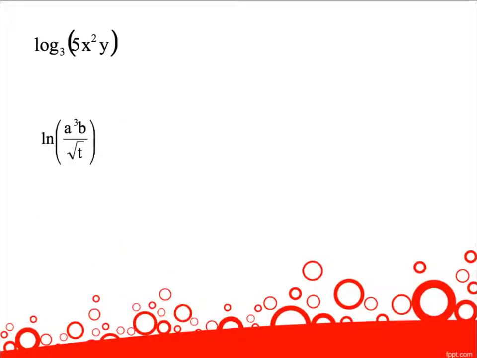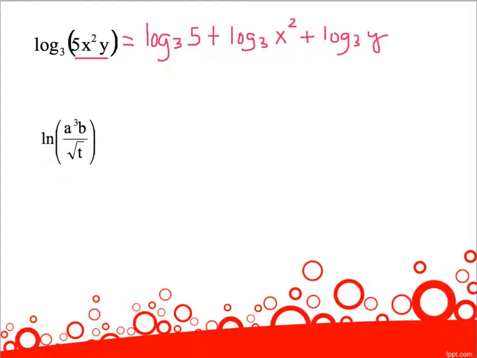Now let's look at a couple of examples where we might have more than one property being used at one time. Let's look at this first one. Notice that we still have all multiplication. So this expands out to log base 3 of 5 plus log base 3 of x squared plus log base 3 of y. Notice that the log base 3 goes with every one of those different terms.